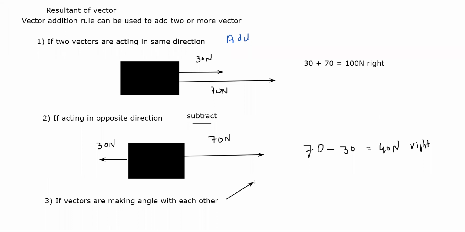This is only for two vectors, because we are finding a resultant of two vectors here. So if two vectors are making an angle with each other, to get the resultant we can use a parallelogram method, both in a scale diagram, or we can consider it as a triangle method.